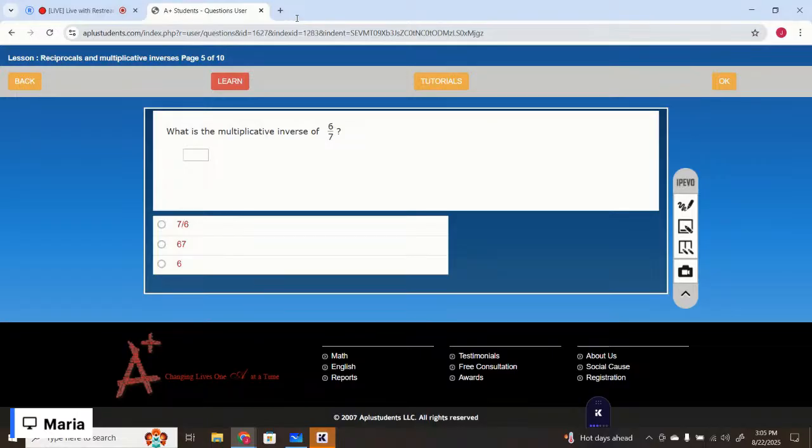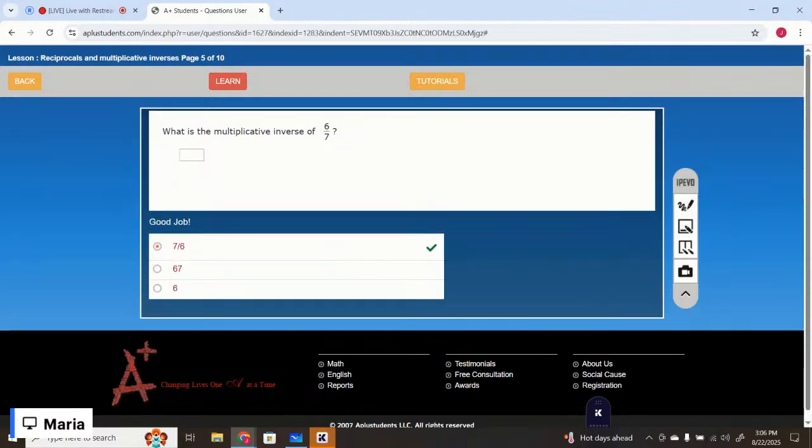What is the multiplicative inverse of 6 over 7? That is 7 over 6. Option number 1 is the correct option.